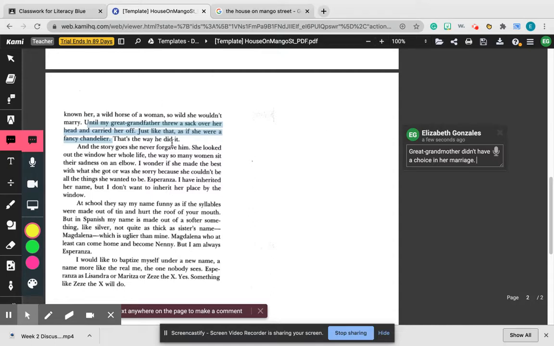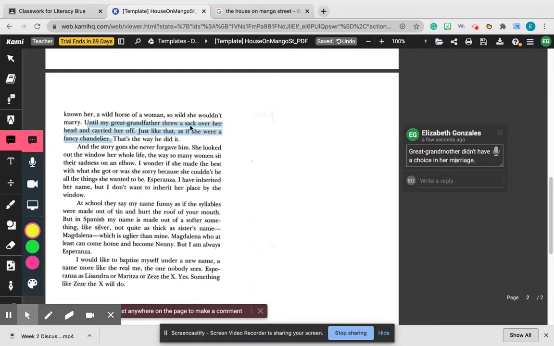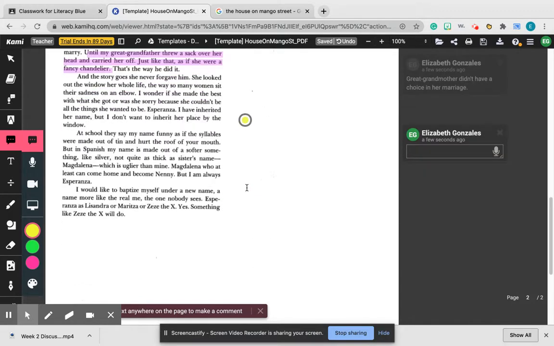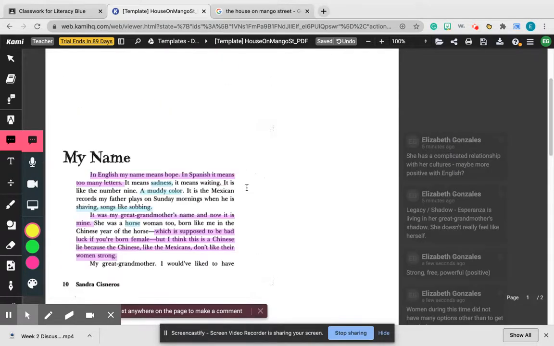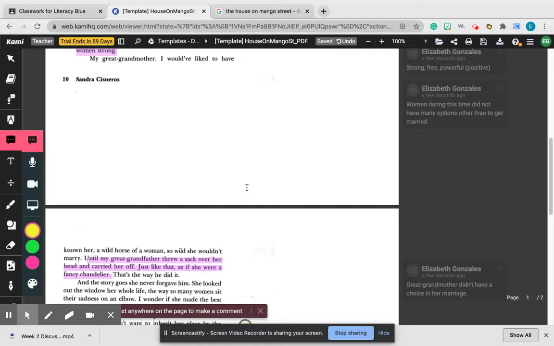And that's what we say. So, her great grandfather threw a sack. Not really. It's just a figure of speech, right? She's saying that basically, her great grandmother didn't have a choice, and this is the way it was. Didn't matter, right? So hopefully this is making sense. That's why it's really important for us to break down our work because we want to really know what's being said. Okay.